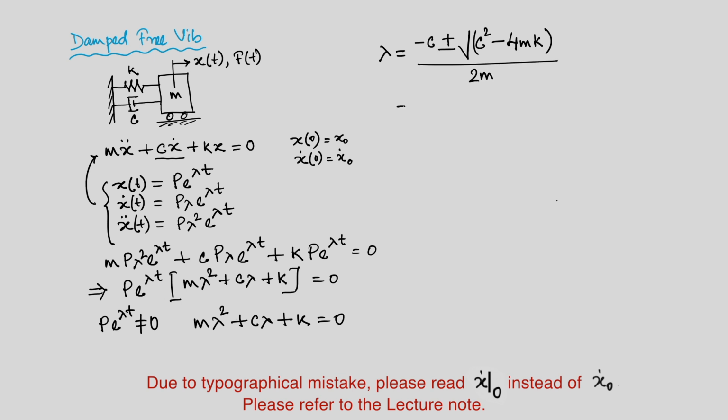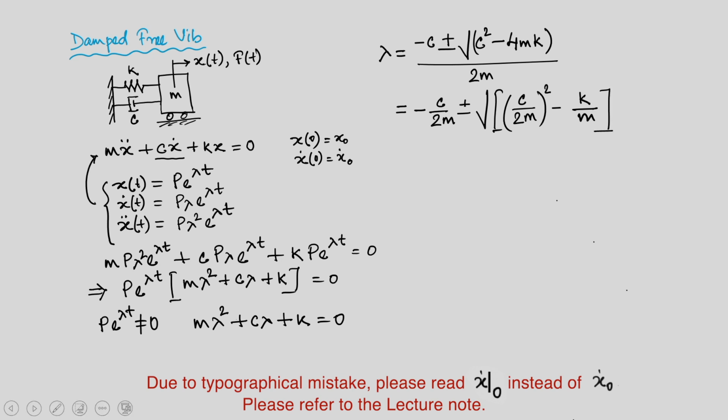So we can simplify this expression. We have minus c by twice m, plus minus square root of c by twice m whole square minus, inside the square root, it will be 4 m square. So 4 m will get cancelled, we will have k by m.